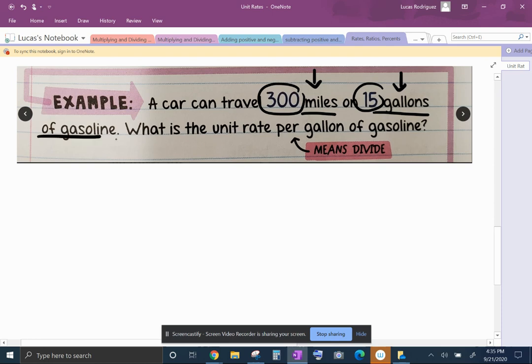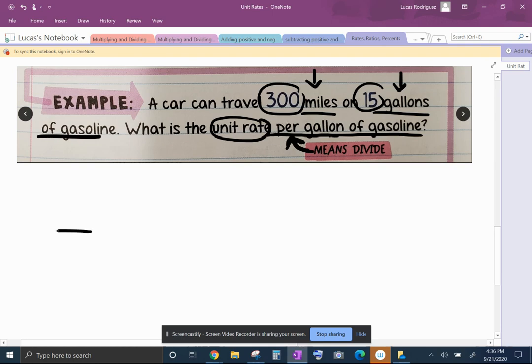Okay, and that's gallons of gasoline. What is the unit rate per gallon of gasoline? Per means to divide.